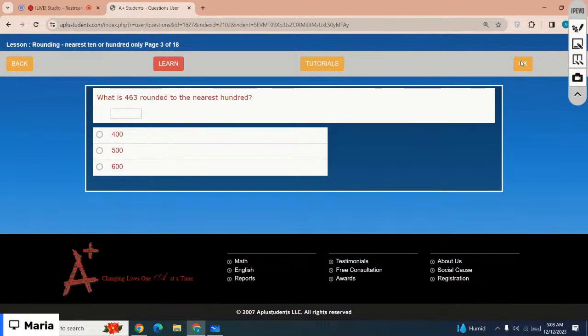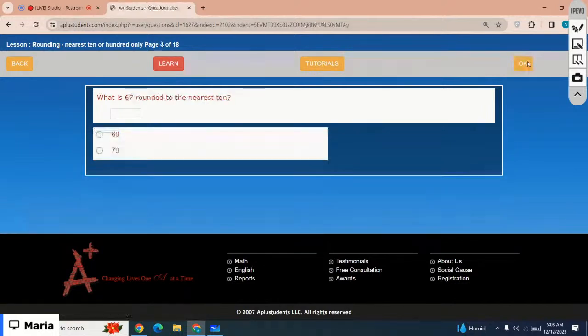Yes, 463 is rounded off to 500. Very good. The option is 500.